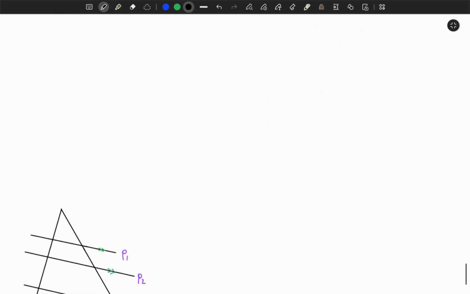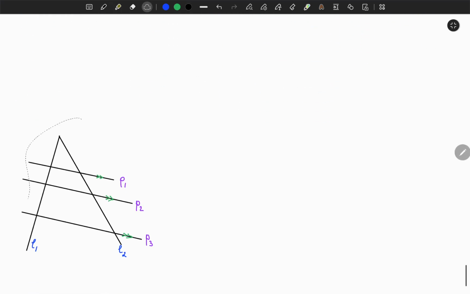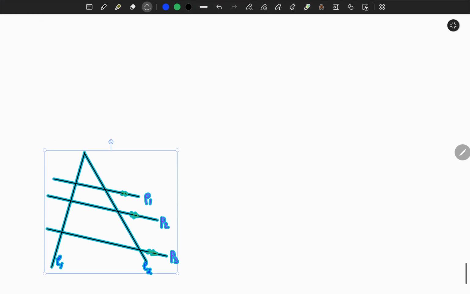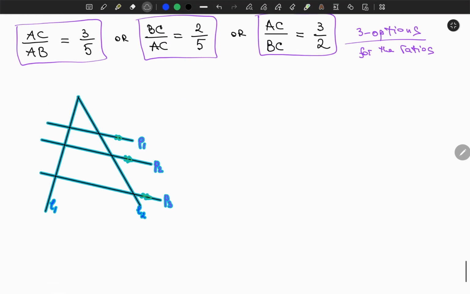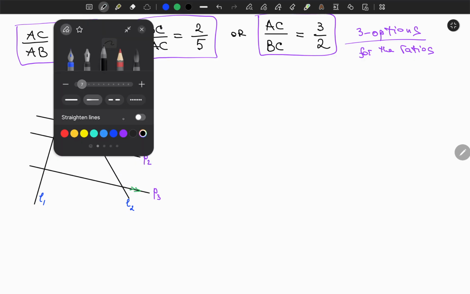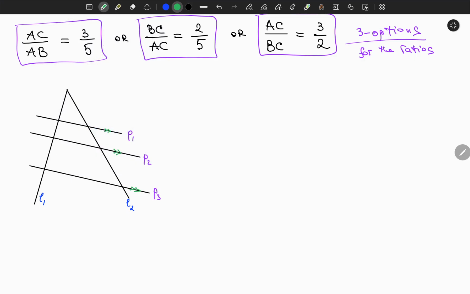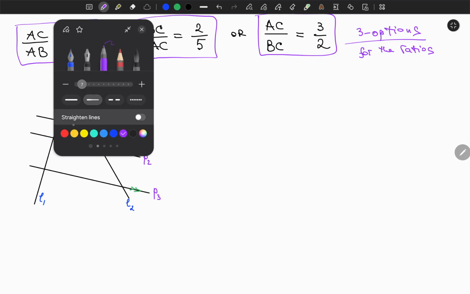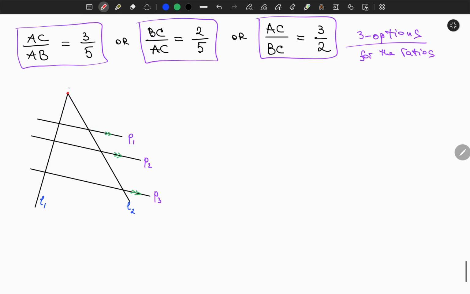Now imagine we have two intersecting lines. First, imagine line 1 intersects line 2 at this point. I'm going to choose this point to be any point, the beginning, let it be O. And of course we can start to choose a little bit.